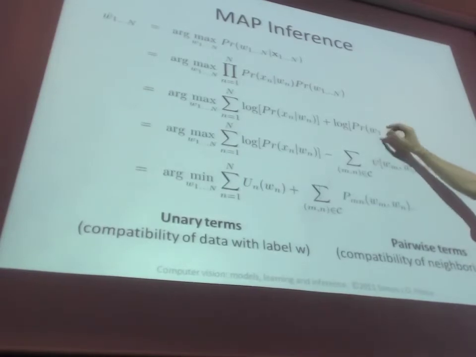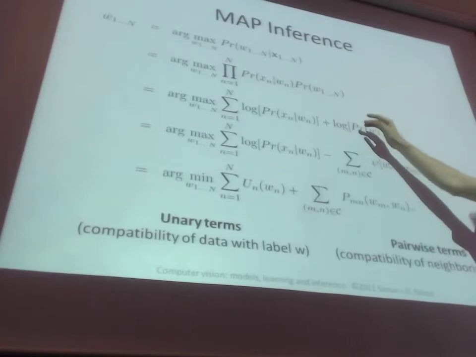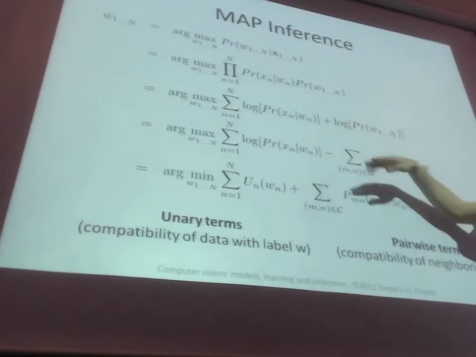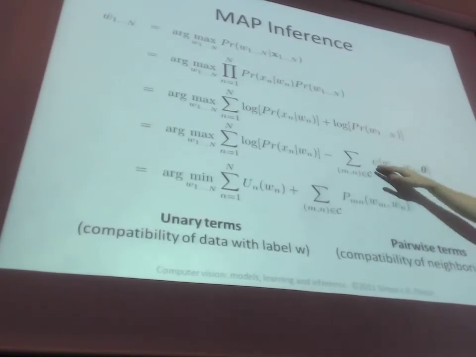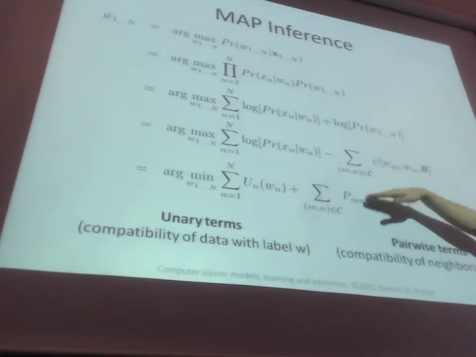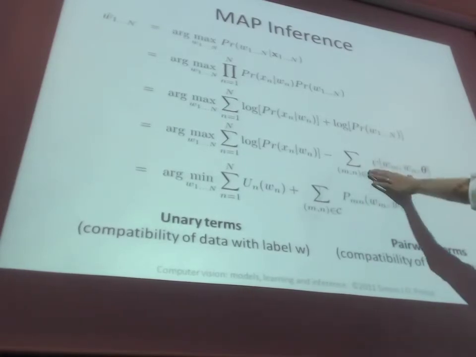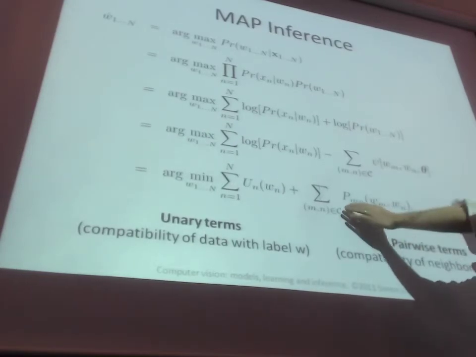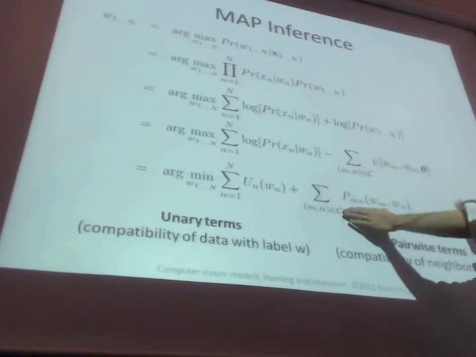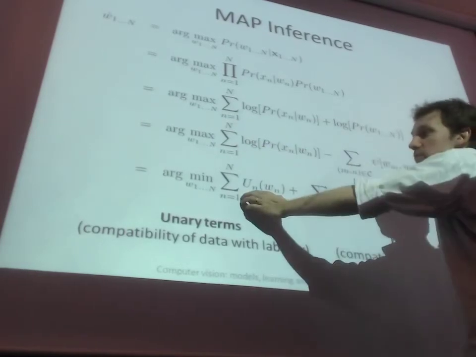We can take these probabilities and convert them using the log into costs. So down here we're talking about costs. Here we did just the prior, turning that into a cost, and here we've wrapped that up into pairwise terms, and we've wrapped this up into unary costs.